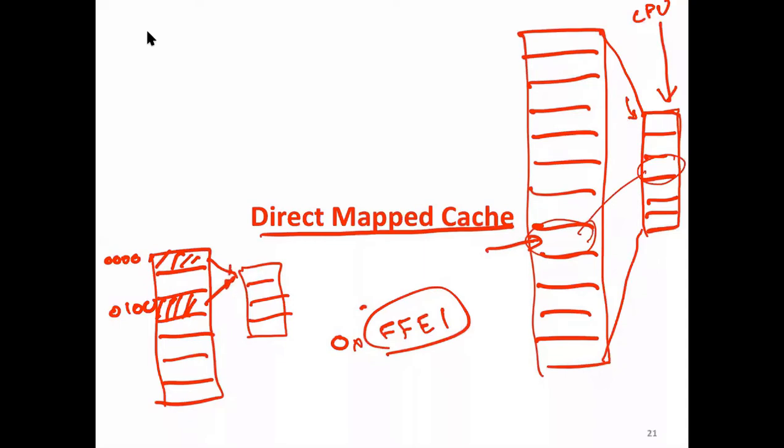Sorry, when we have only 2 blocks here, then all 4 of these can be mapped to 1.